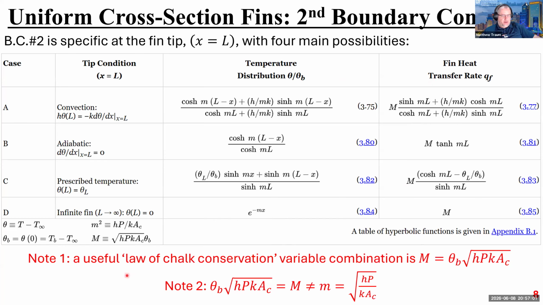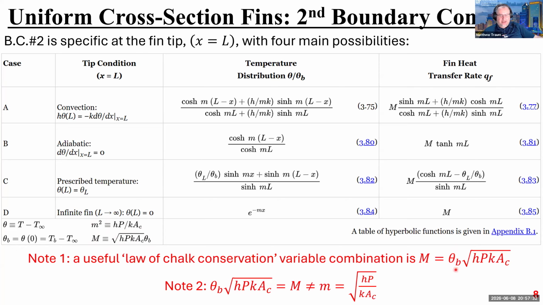As a quick note, two quick notes. So more, kind of law of conservation of chalk. We talked about lowercase m, which is here. There's also, I don't know why they do this, the notation is really bad, but also uppercase M, which is here. And uppercase M is not lowercase m, right? So uppercase M is the temperature difference at the base.